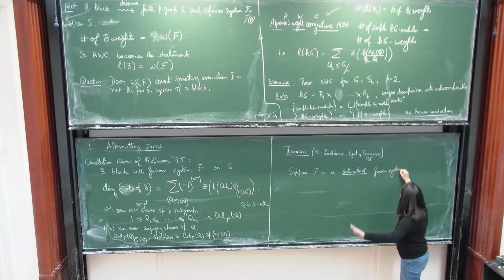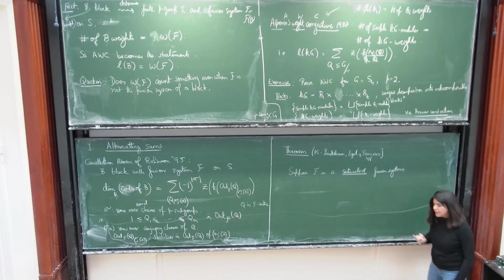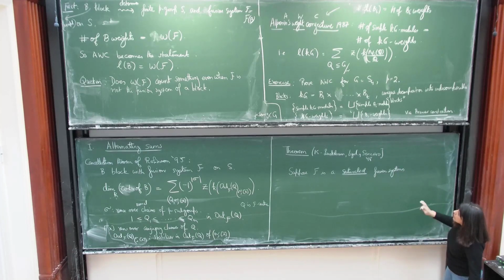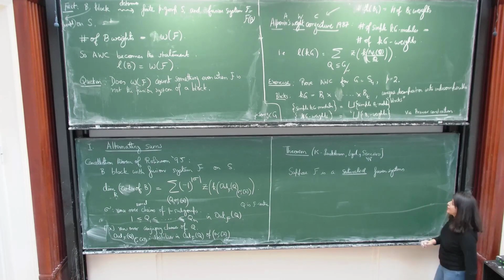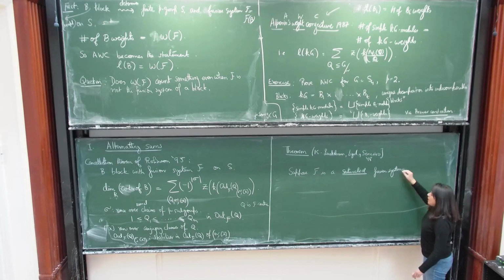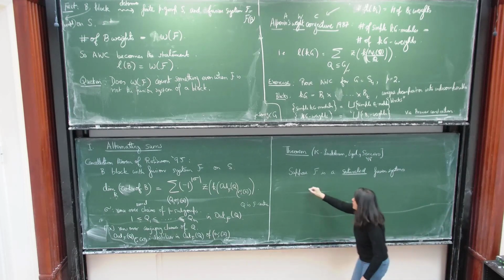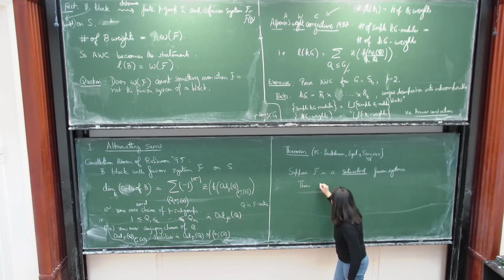All block fusion systems are saturated, so our world really is about saturated fusion systems. I just don't want to give the axioms for saturation. So suppose F is a saturated fusion system, nothing to do with blocks, then we can cancel chains.